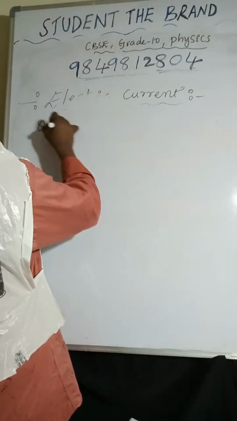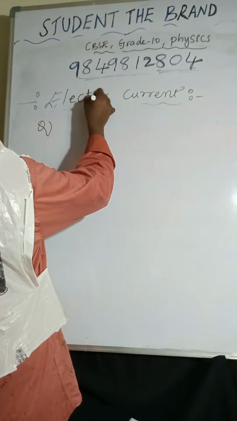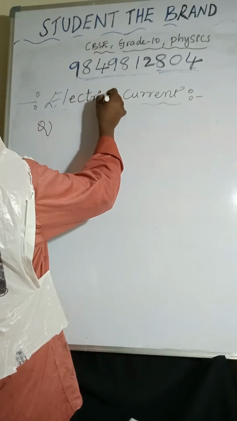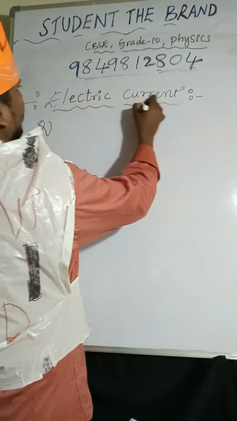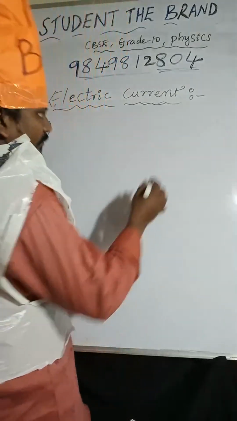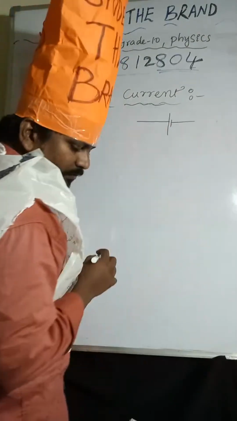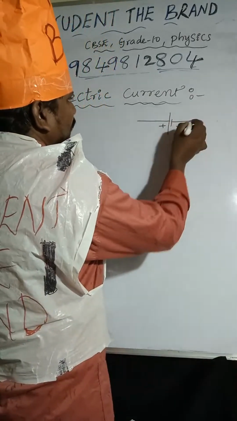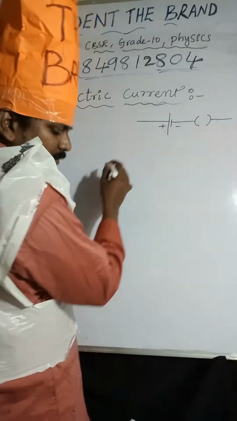Question. Electric current, very, very important. Positive terminal, negative terminal, current is flowing. This is the circuit.